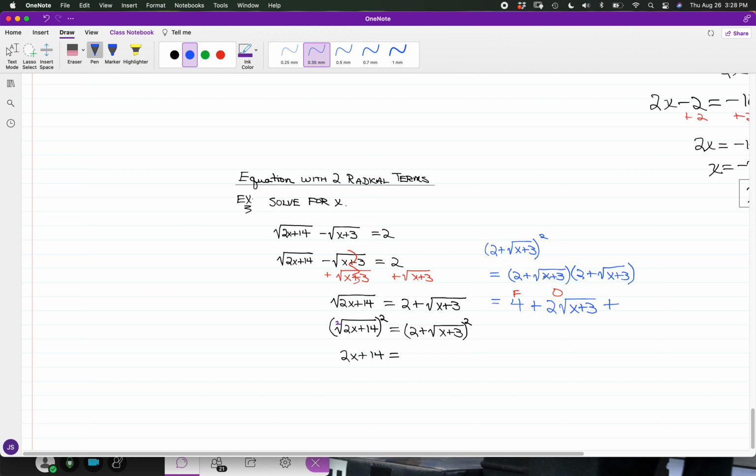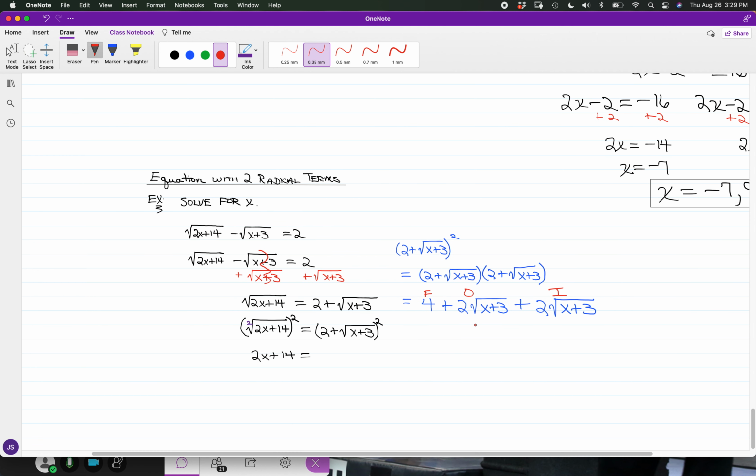For the inside, you have the square root of x plus 3 multiplied by 2. This is going to be your inside. Now, for the last product, you have the square root of x plus 3 times itself.